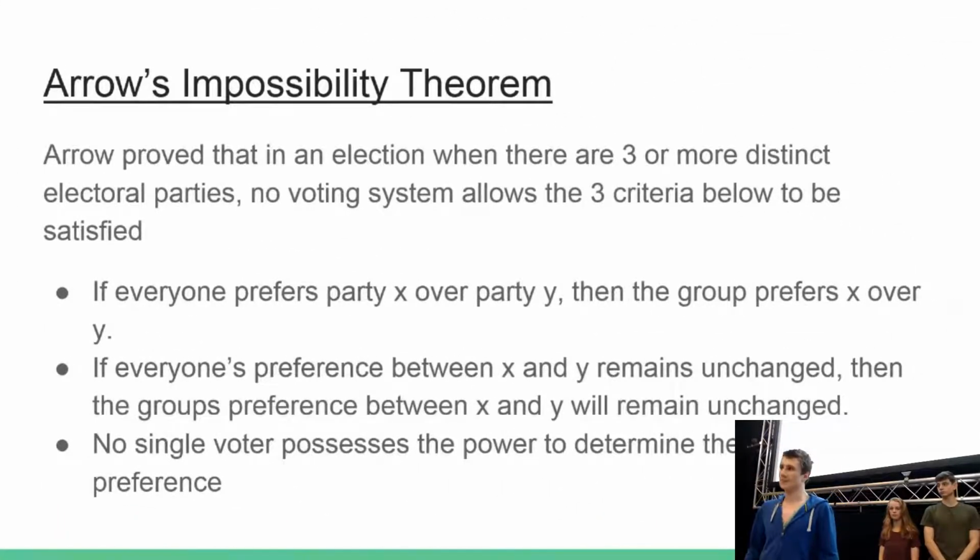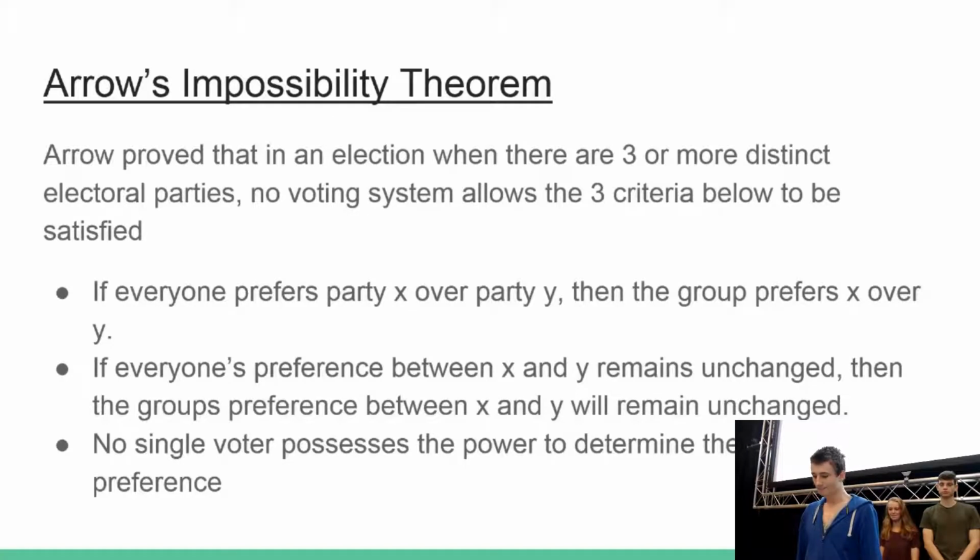So what is the best voting system? And in fact, this guy Kenneth Arrow actually proved that there can be no perfect voting system. So he decided that these three things were something which was essential for a good voting system. And they seem like quite trivial things that most people would agree are essential.